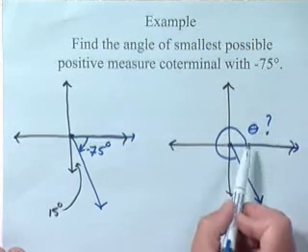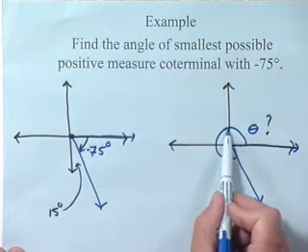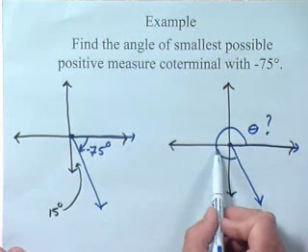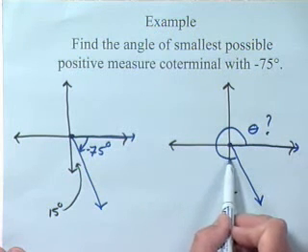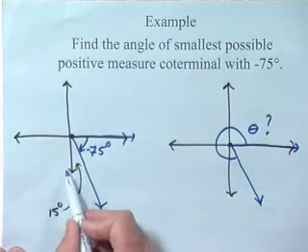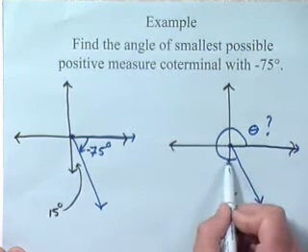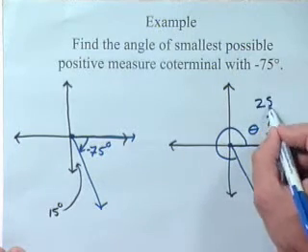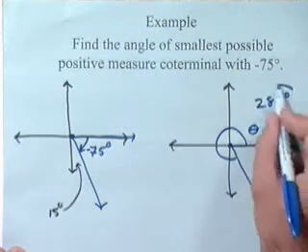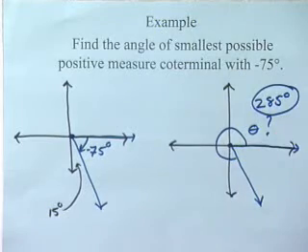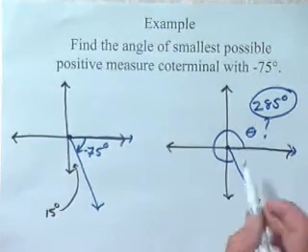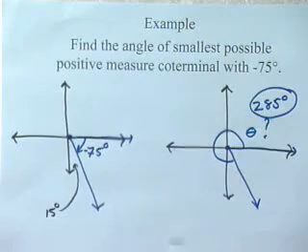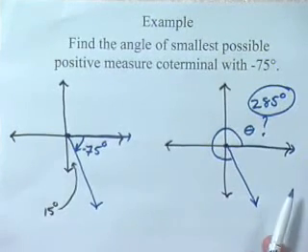But I do know that the rotation from here to here is 180. Another 90 makes 270. And notice I have to add another 15 degrees. So 270 degrees to here plus another 15 makes it 285. And there's the smallest possible positive angle that's coterminal with negative 75 degrees.